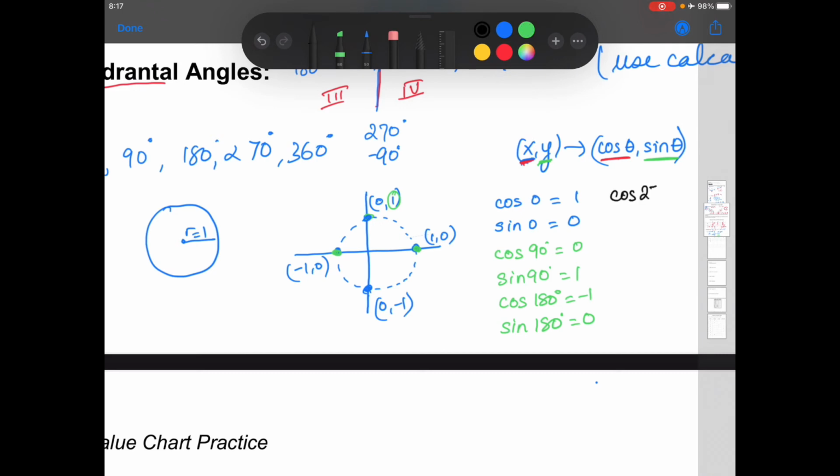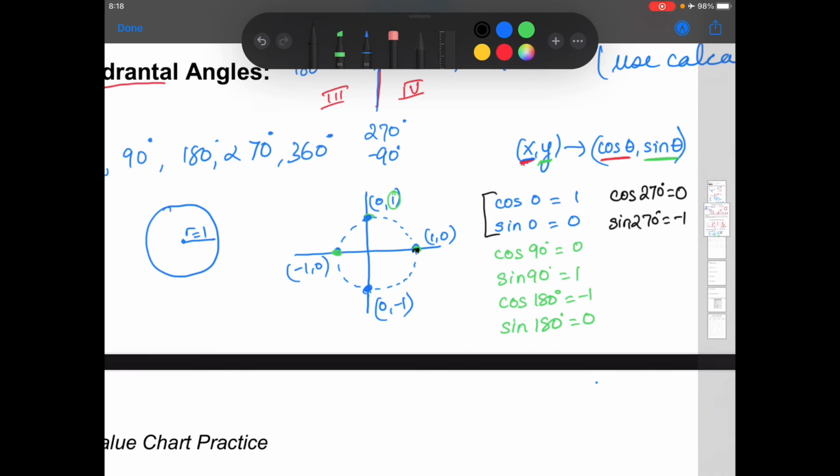Cosine of 270 degrees is 0, and then sine of 270 degrees is -1. This is 0. Okay, and then we come back to here, which is 360. Cosine would be 1 and sine of 360 would be 0, and so on.